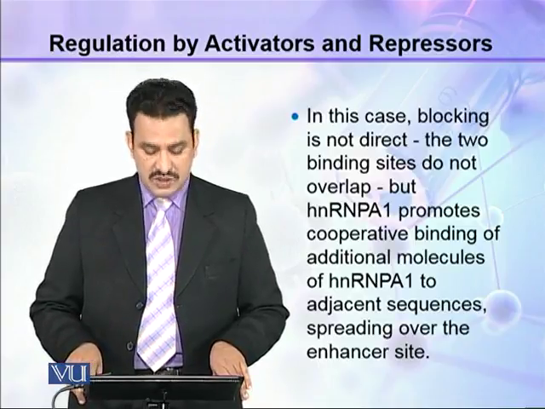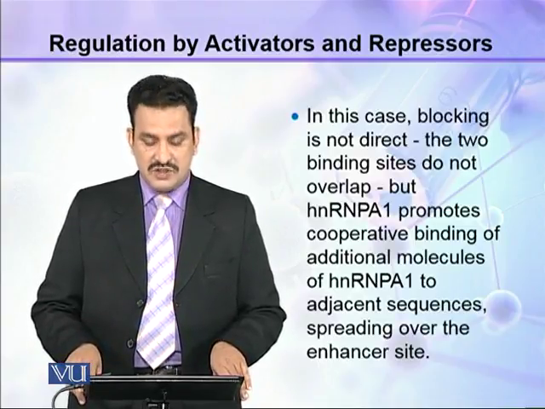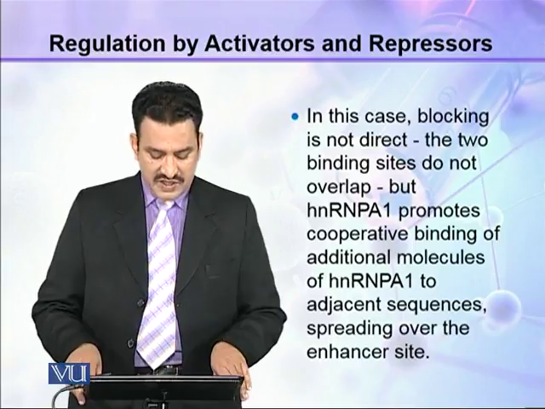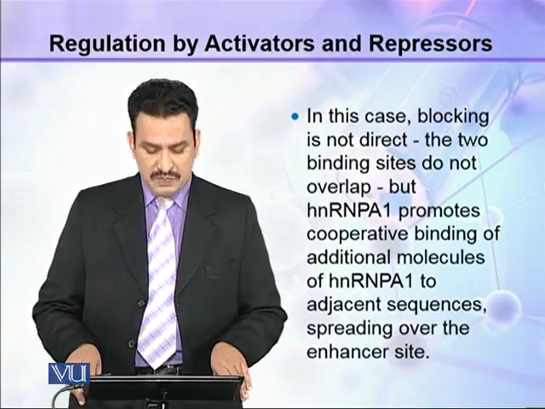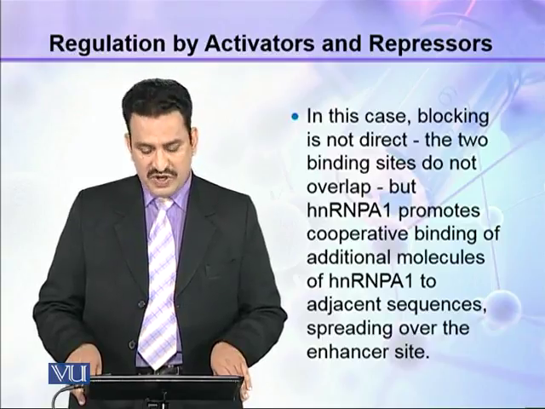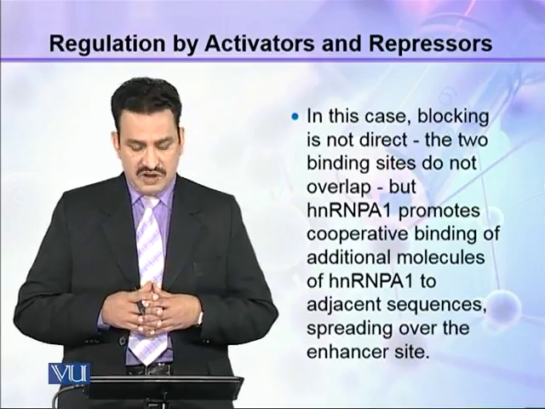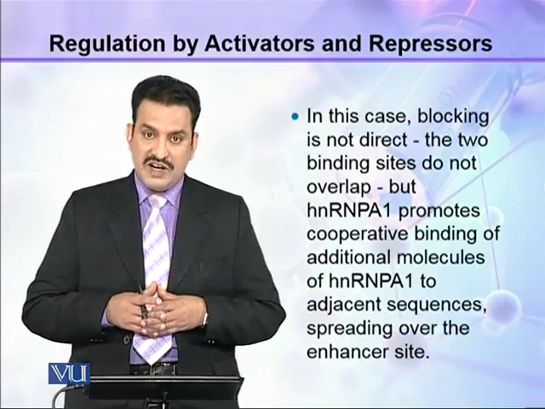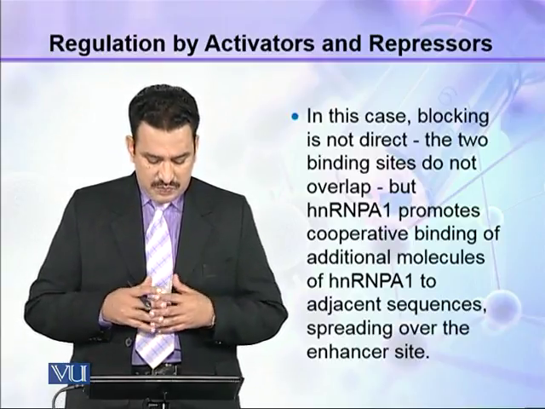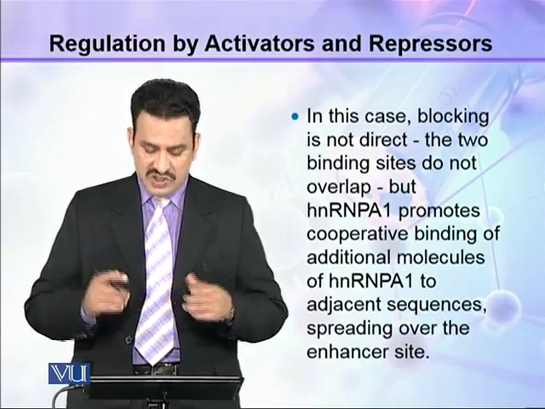In this case, blocking is not direct. The two binding sites do not overlap, but hnRNP A1 promotes cooperative binding of additional molecules of hnRNP A1 to adjacent sequences, spreading over the enhancer site.